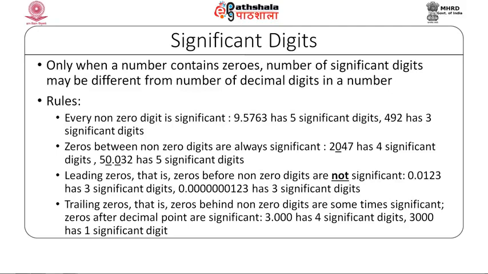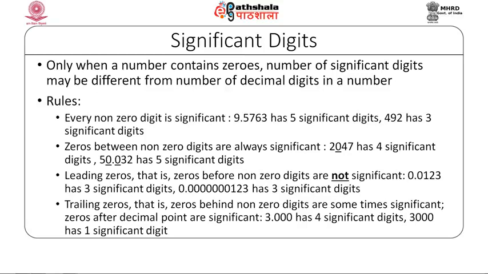Any 0 occurring between non-zero digits is significant. For example, 2047, all the digits occurring in this number are significant. Similarly, 50.032, both the zeros occur between non-zero digits, so they are significant. We have to keep in mind that every non-zero digit is significant.